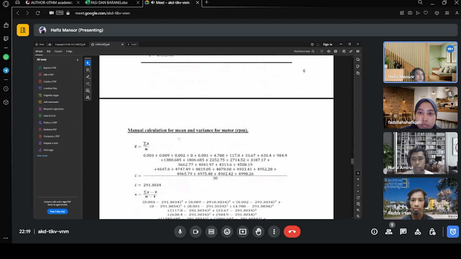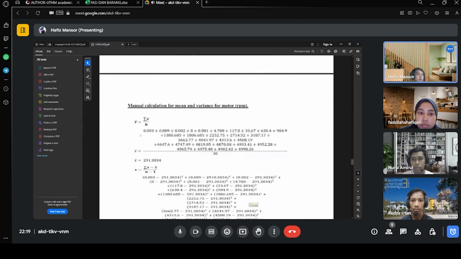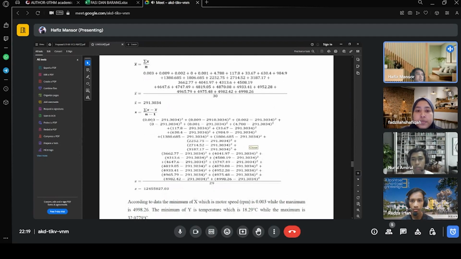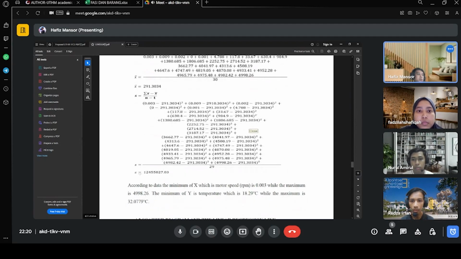Secondly, the manual calculation for mean and variance for motor RPM: the X bar we get is 291.3034, and for standard deviation we get 124,55027.03.